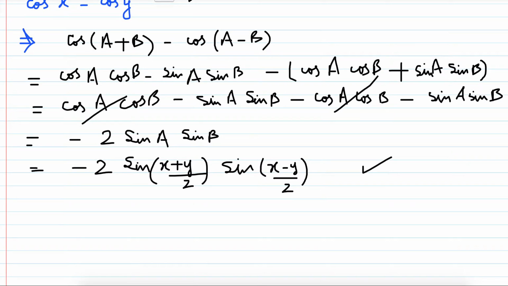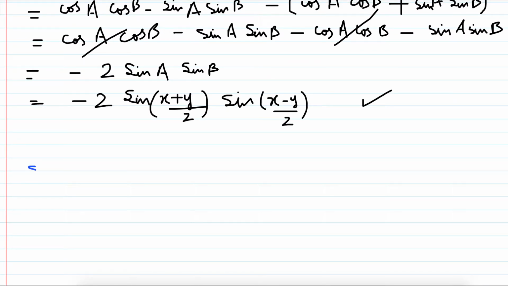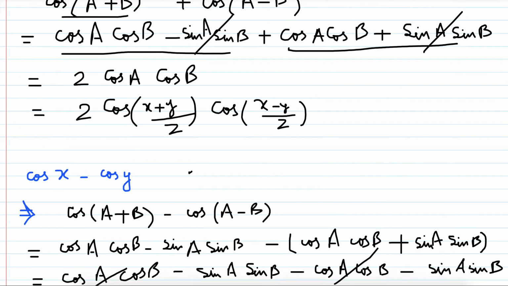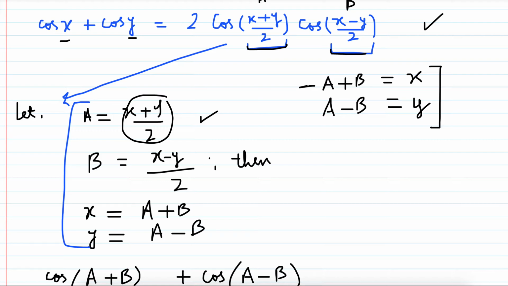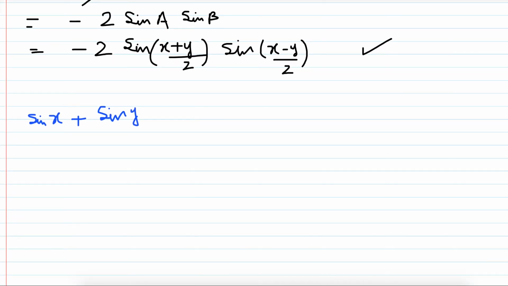Then we will see sin x plus sin y. So again our a and b would be the same. So we will write a as this, b as this one, and x and y would similarly be a plus b and a minus b. So in place of x we will write a plus b, and in place of y we will write a minus b.